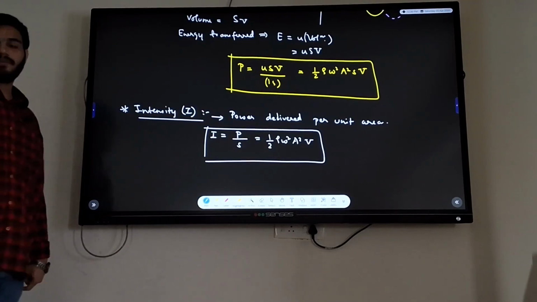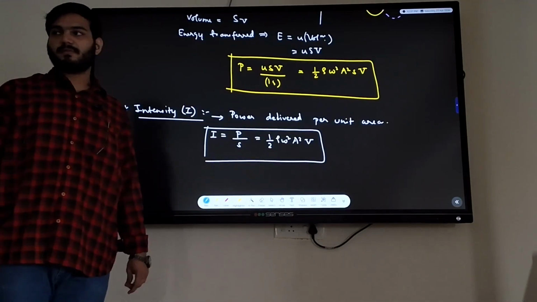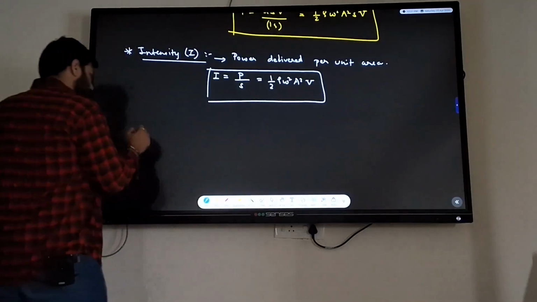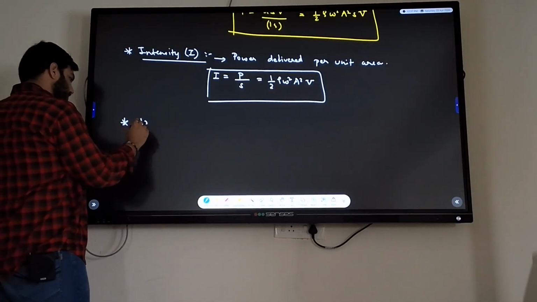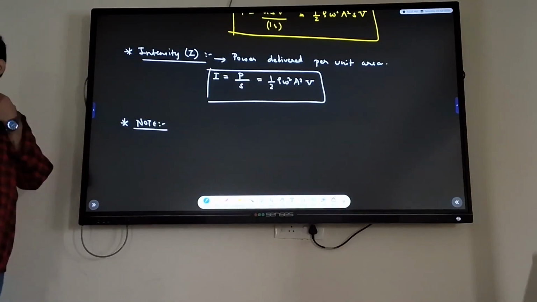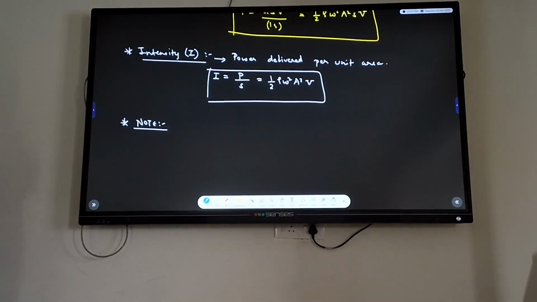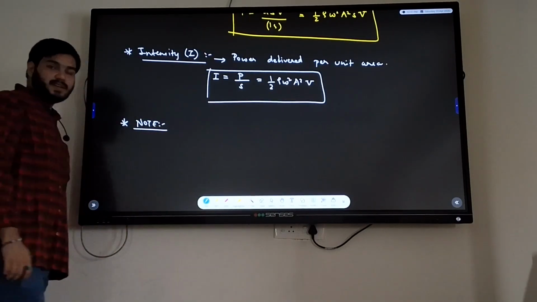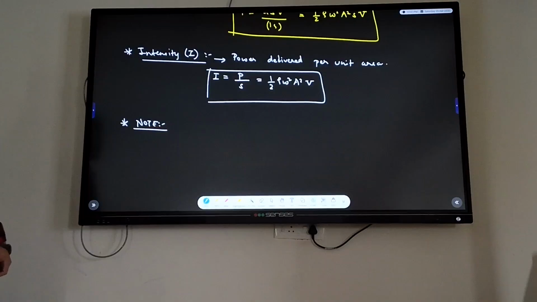I just want to write one note and then we will be off to problems. Am I going too fast by the way? Should I wait a little bit? It's okay? Great. Note. The note is, what if you have a source which is emitting the waves in all possible directions?